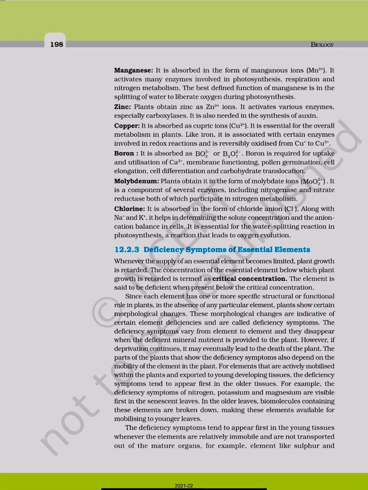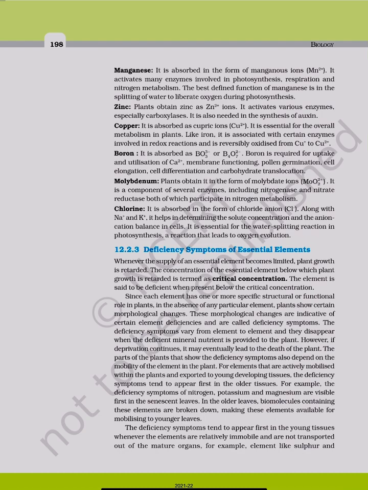For example, the deficiency symptoms of nitrogen, potassium, and magnesium are visible first in the senescent leaves. In the older leaves, biomolecules containing these elements are broken down, making these elements available for mobilizing to younger leaves.